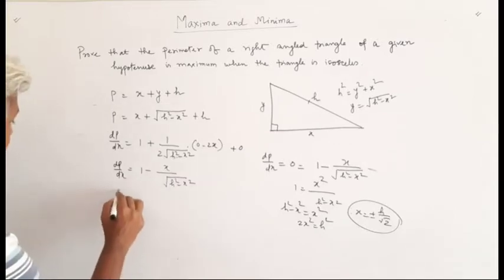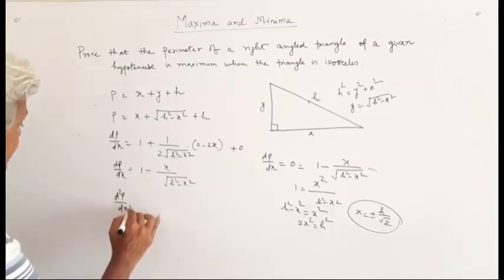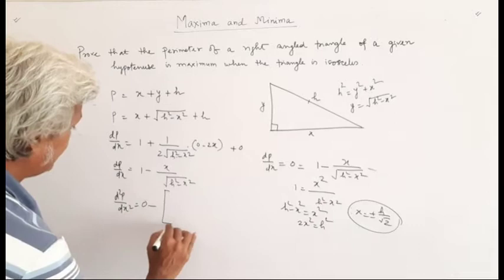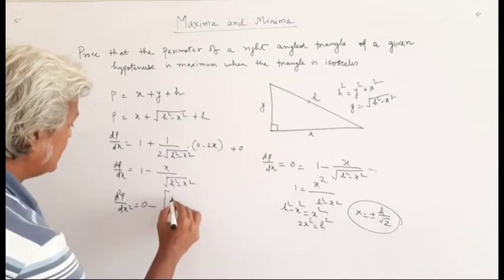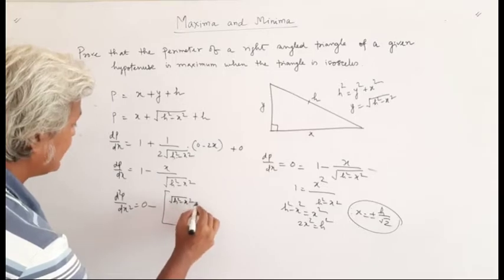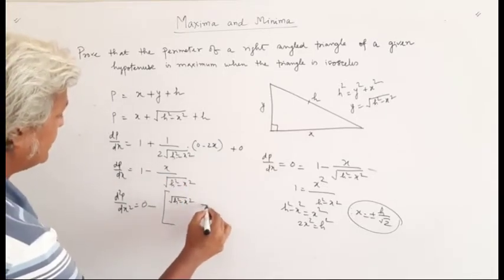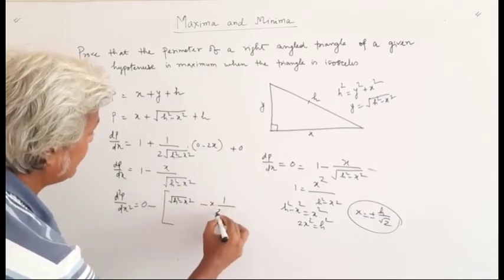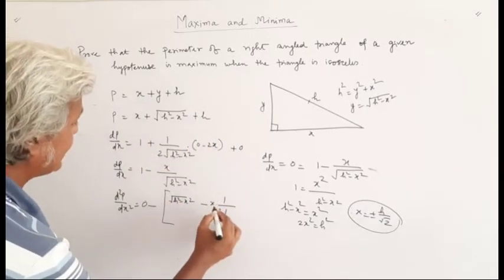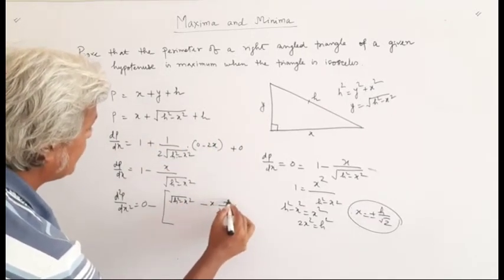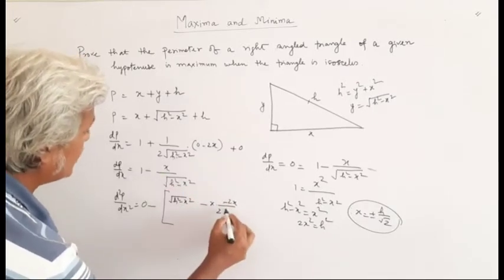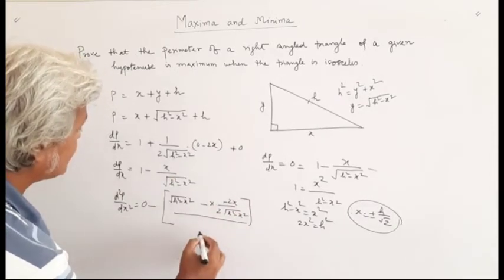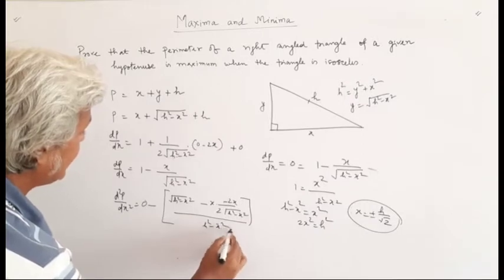So d squared P over dx squared is 0, differentiation of 1 is 0, now minus, and then we have to use the u over v rule, which says under root h squared minus x squared into differentiation of x, that is 1, minus x into differentiation of this whole thing, which is 1 over the same thing. So I can write directly minus 2x upon 2 under root h squared minus x squared, upon the square of this thing, that is h squared minus x squared.